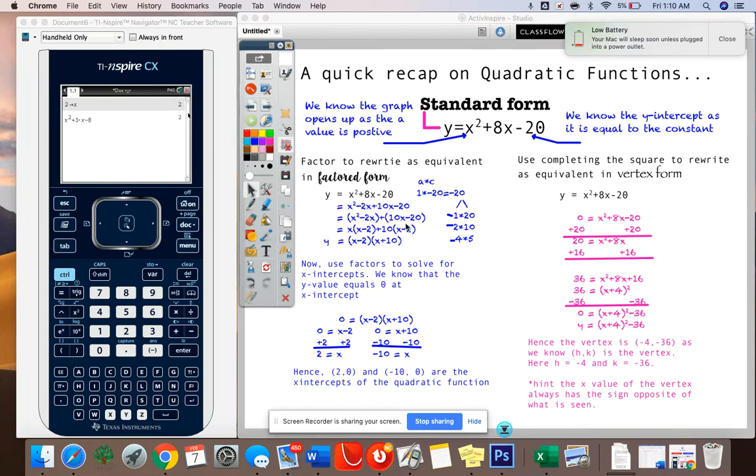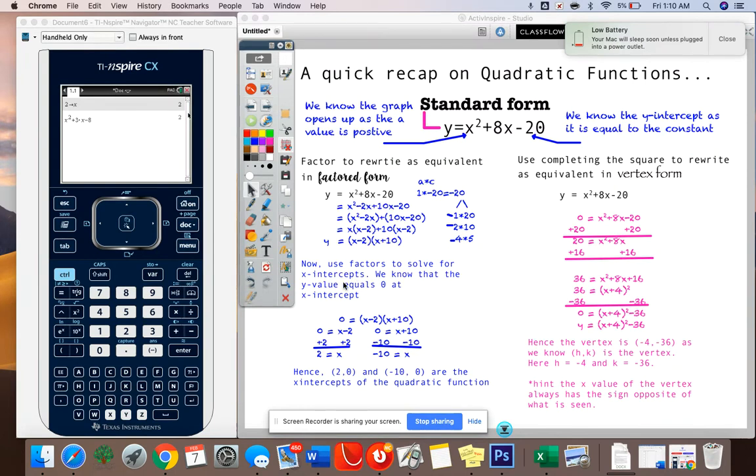Now we can take the x minus 2 and factor it out of each group, which leaves us with x plus 10. Hence, we have our factored form of the quadratic equation, y equals x minus 2 times x plus 10. Now, we will use those factors to solve for the x-intercepts.